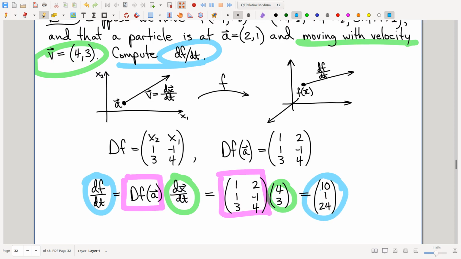So this could just as well have been an example in section 2.3 instead of section 2.5. It's really just interpreting the derivative matrix. But in this special context, I can reinterpret this as an example about the chain rule.